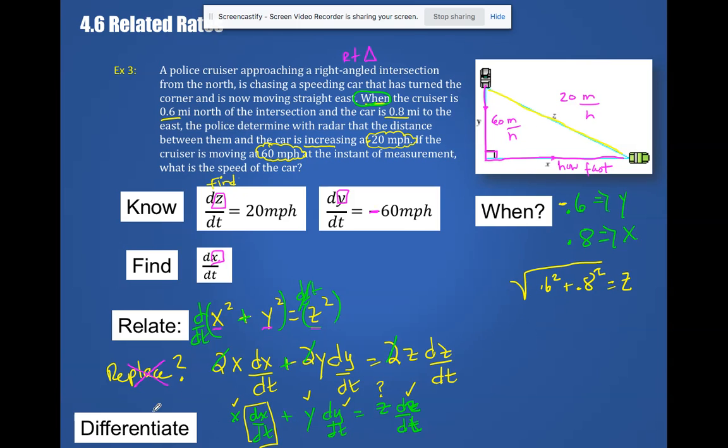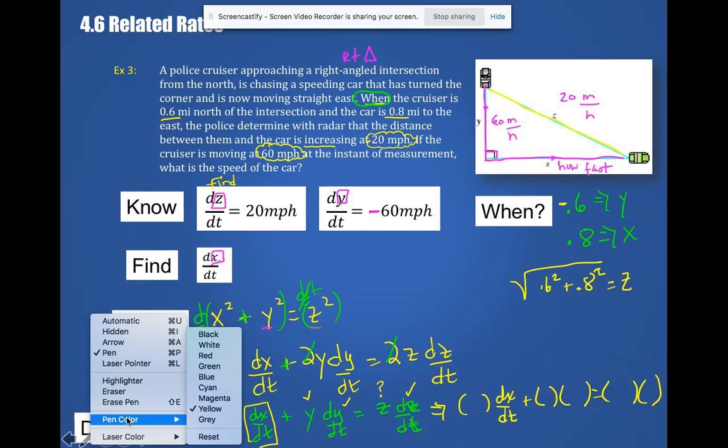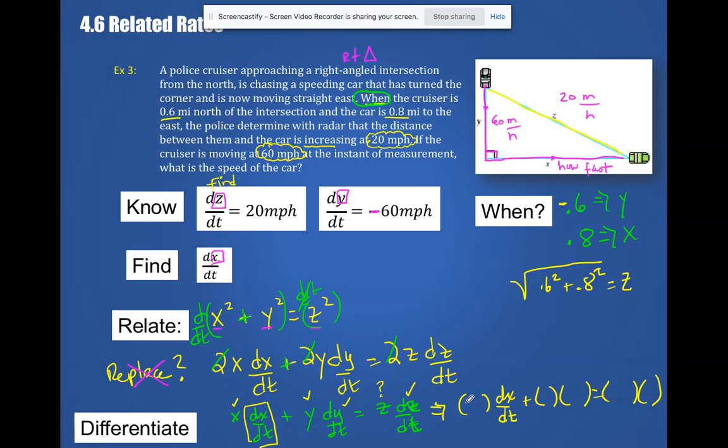So now let's go substitute everybody that we have. dx dt is who I'm after. So in for x, I'm going to put 0.8.